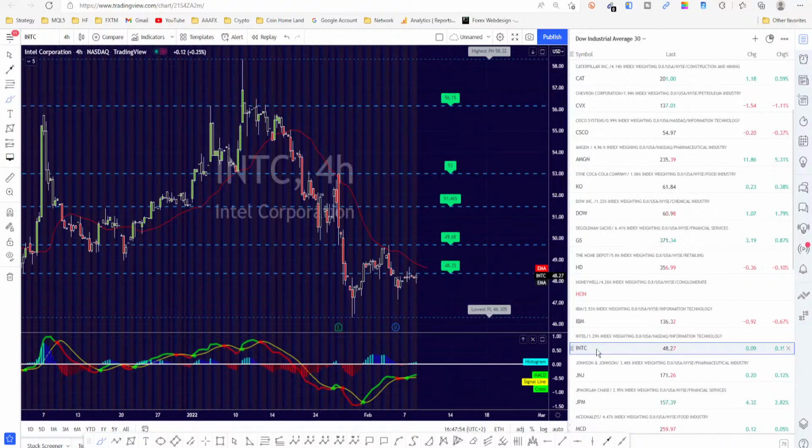Intel has 1.29% weight in the Dow Jones index. It's traded in Nasdaq. IBM is traded in the New York Stock Exchange. It's an information technology sector.